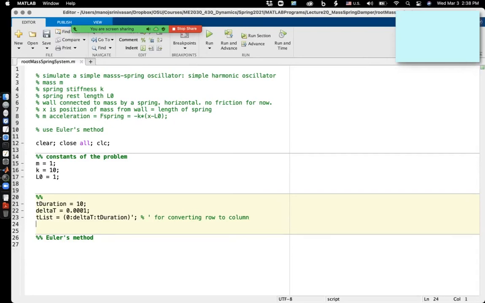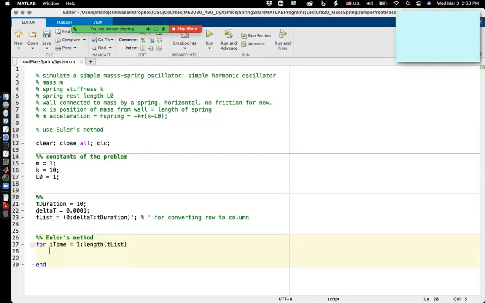Okay, Euler's method. Let's say for i time equals 1, 2. How many points do we have? We can do length of t list, basically. Is it going to be length of t list? Let's write that down and then we'll fix minor errors as we go along.